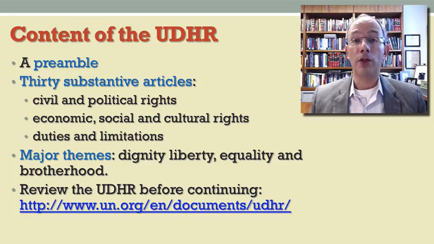The content of the UDHR includes a number of elements. The Preamble, which lists the justifications or rationales for the document, 30 substantive articles, which include civil and political rights, as well as economic, social, and cultural rights, and limitations and duties. The major themes of the document are dignity, liberty, equality, and brotherhood.